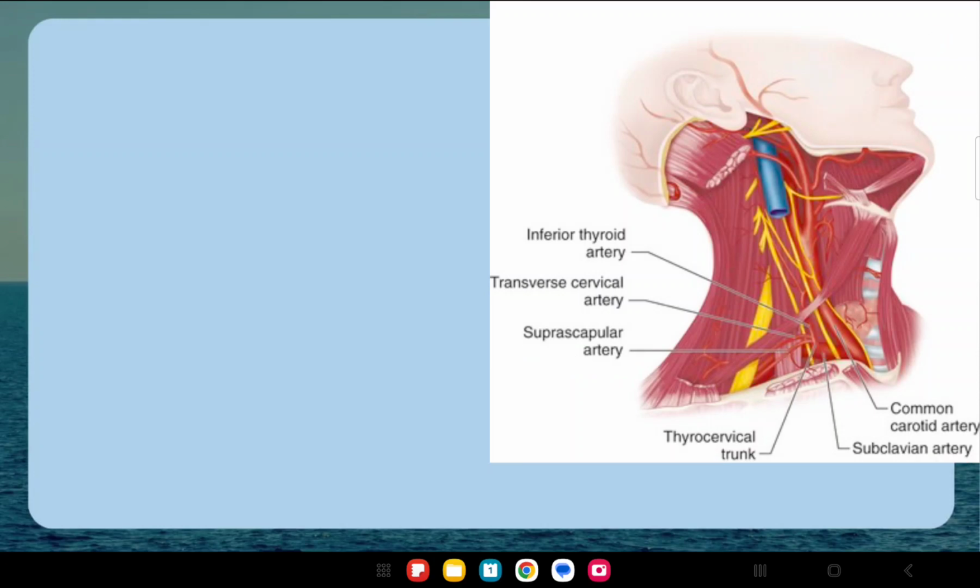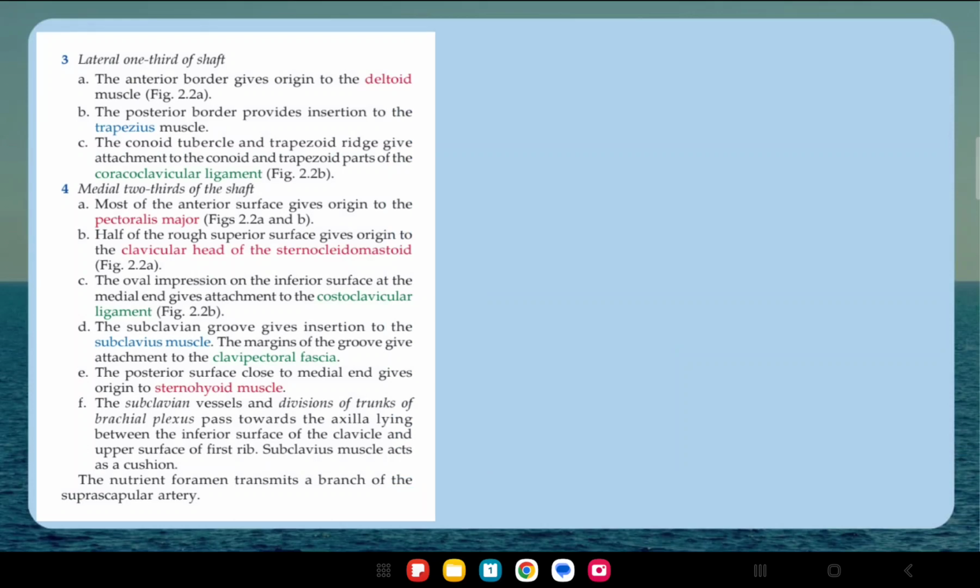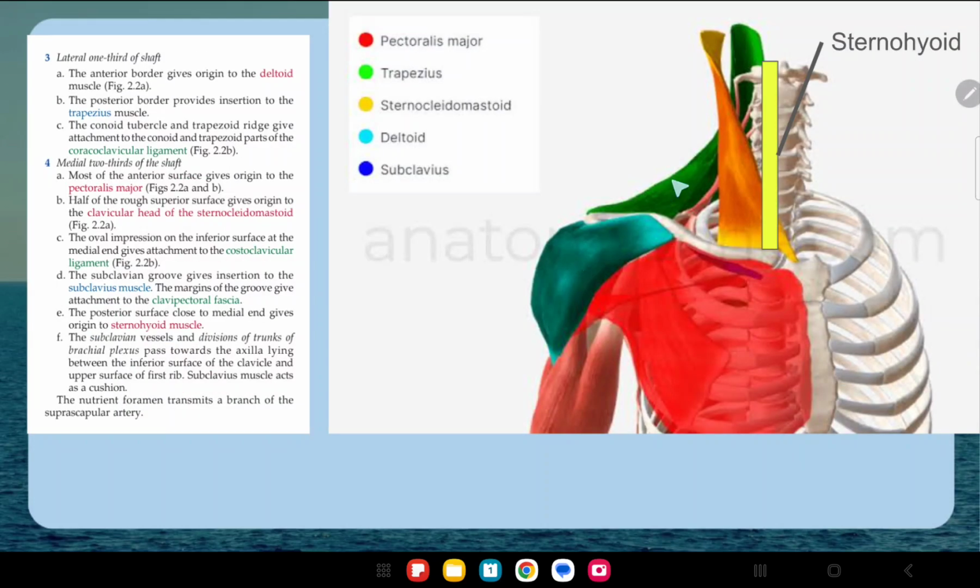So this was all about the attachments associated with the clavicle. We can revise it, right? If we study the lateral third of the shaft, we have two muscles: anteriorly deltoid, posteriorly trapezius. And we studied previously the coracoclavicular ligament, which had two parts, the conoid tubercle and the trapezoid line.